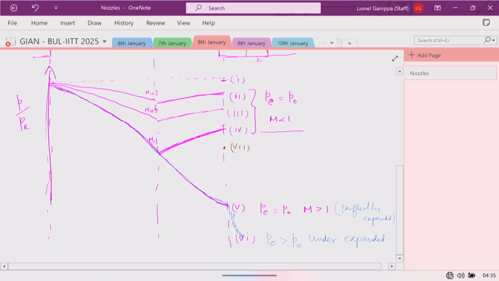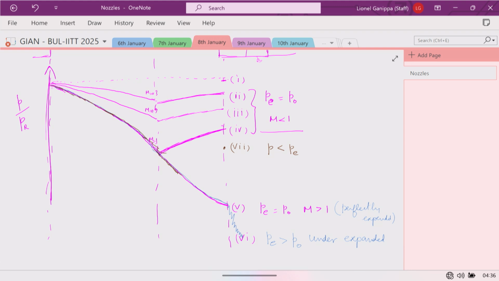Now the flow will expand isentropically in the convergent part, and then it will also expand isentropically in the divergent part, and the flow will realize that the pressure at the exit is much higher than the pressure at any point. So here you see P is less than the exit pressure.